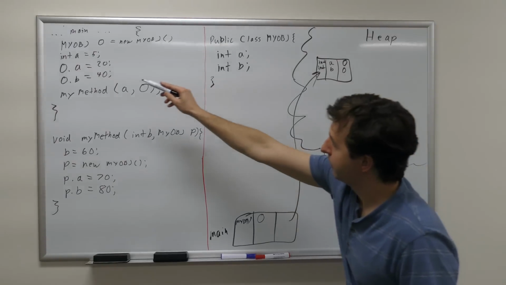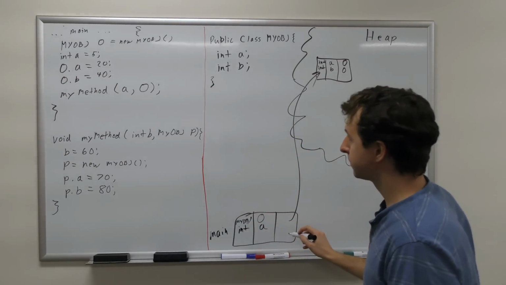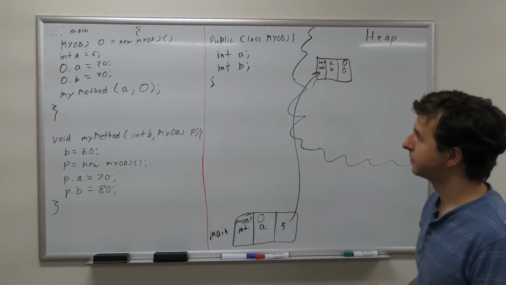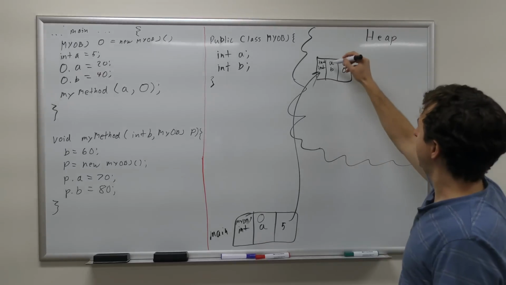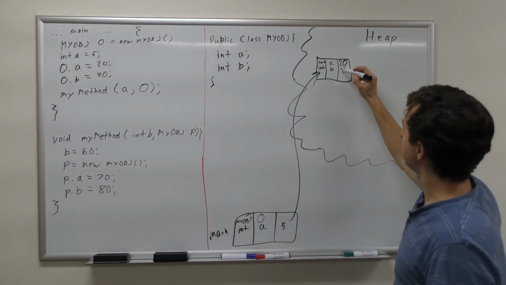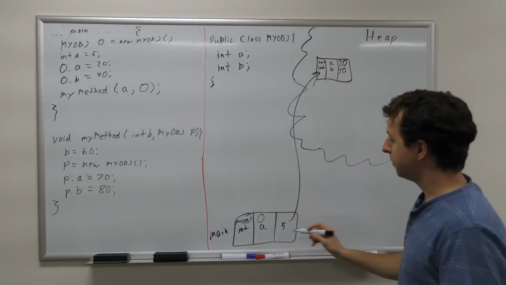Okay, now we create an integer variable, and its value is 5. Set O.A equal to 20 and O.B equal to 40. Now we call myMethod.